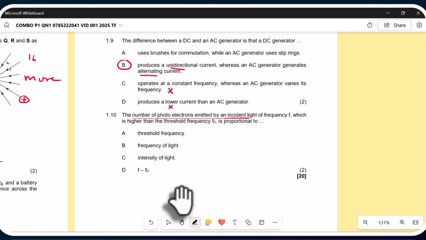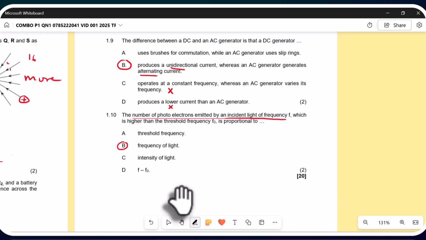I repeat, the number of photoelectrons emitted by incident light of frequency f, which is higher than threshold frequency, is proportional to what? To the intensity of light. Because the more the intensity of light, don't forget that each photoelectron is kicked out by one photon.